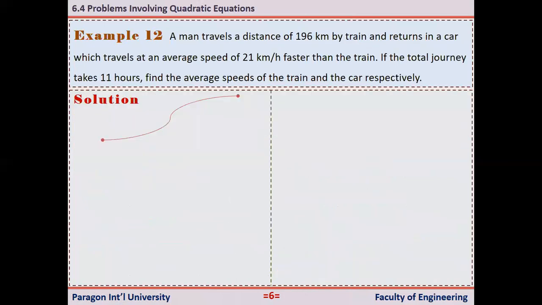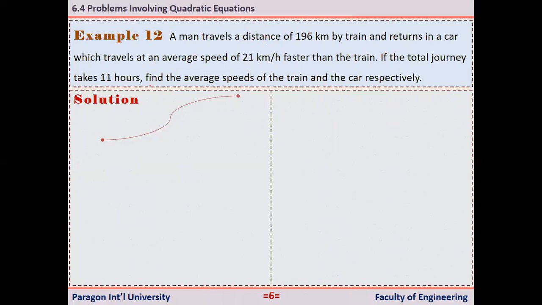Our next example is from physics, the distance-time formula. A man travels a distance of 196 kilometers by train and returns in a car which travels at an average speed of 21 kilometers per hour faster than the train.